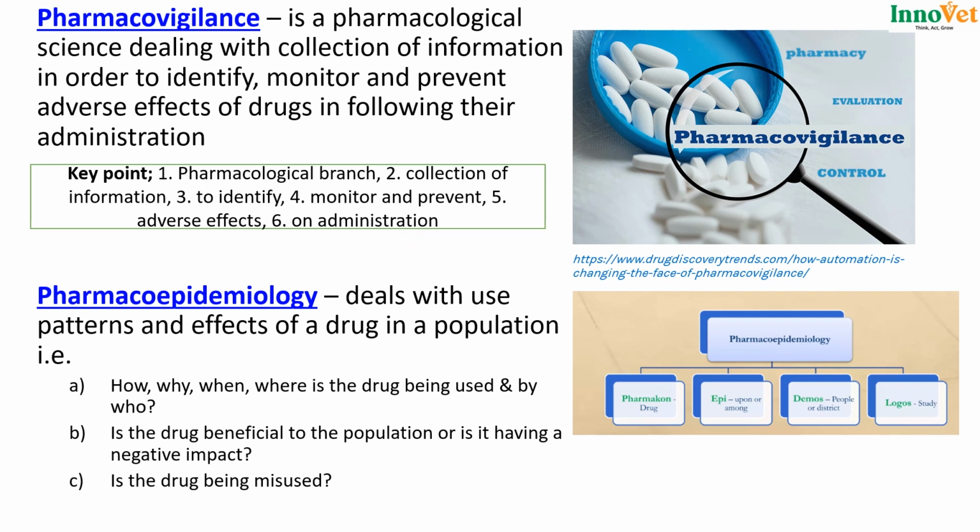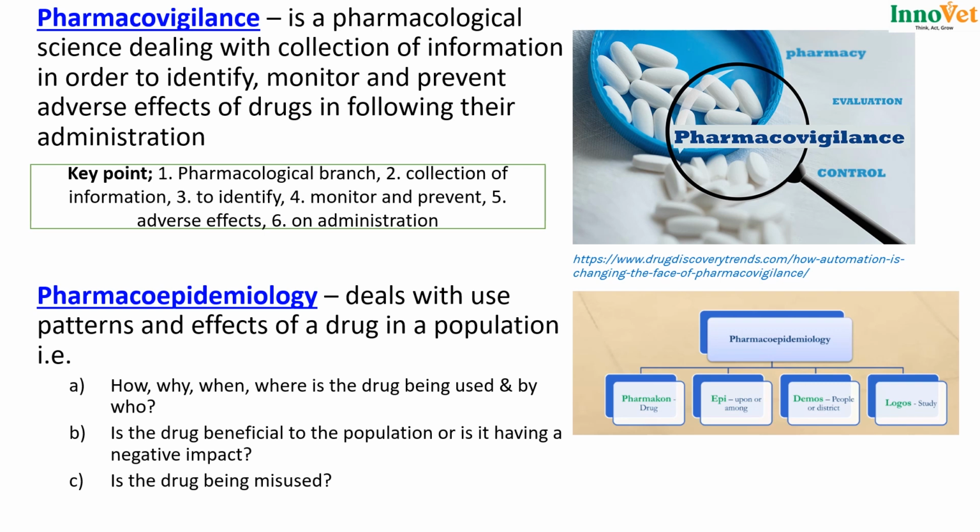So pharmacovigilance is a pharmacological science that deals with the collection of information in order to monitor, identify, and prevent adverse effects of drugs following their administration. Remember, once a drug is out, you want to come back. So that's why we are saying following their administration.